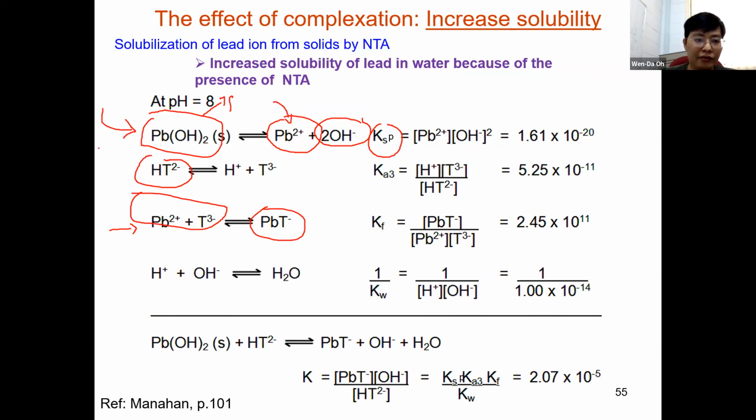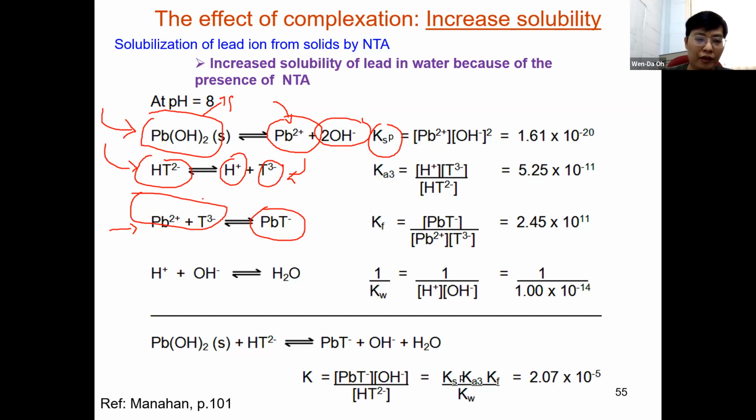And then the second reaction, you have the dissociation of this HT2- to become H+ and T3-. So this is the dissociation of the organic molecules, which depends on the Ka value, whereas the dissolution depends on the KSP value.